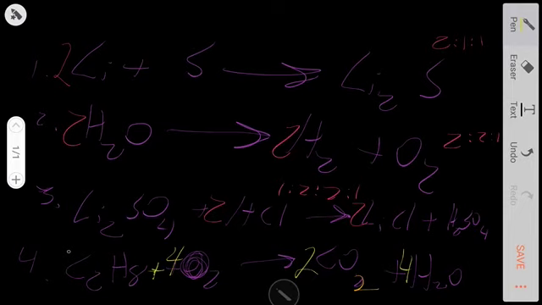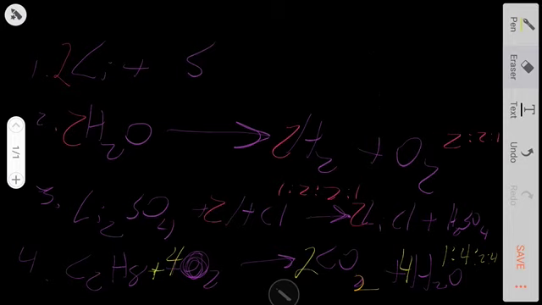Does that check out? 2 carbons, 2 carbons. 8 hydrogen, 8 hydrogen. 8 oxygens. That's 4 oxygens plus 4 oxygens. So yeah, it's good. So we have a 1 to 4 to 2 to 4 ratio. And again, that's combustion. So those are the different types of reactions.